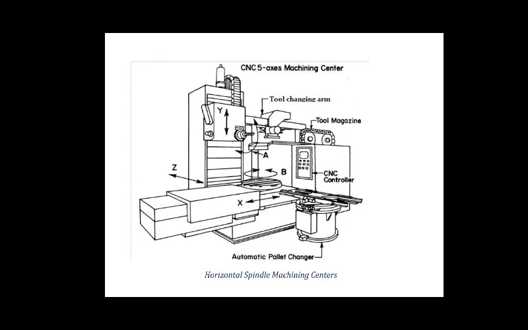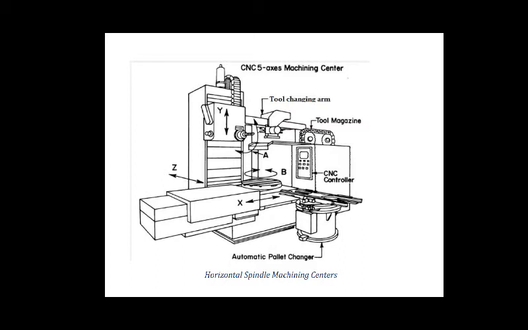The workpiece in a machining center is placed on a pallet which can be moved in three principal directions, that is x, y, z, and can be rotated about one or more axes on the pallet.